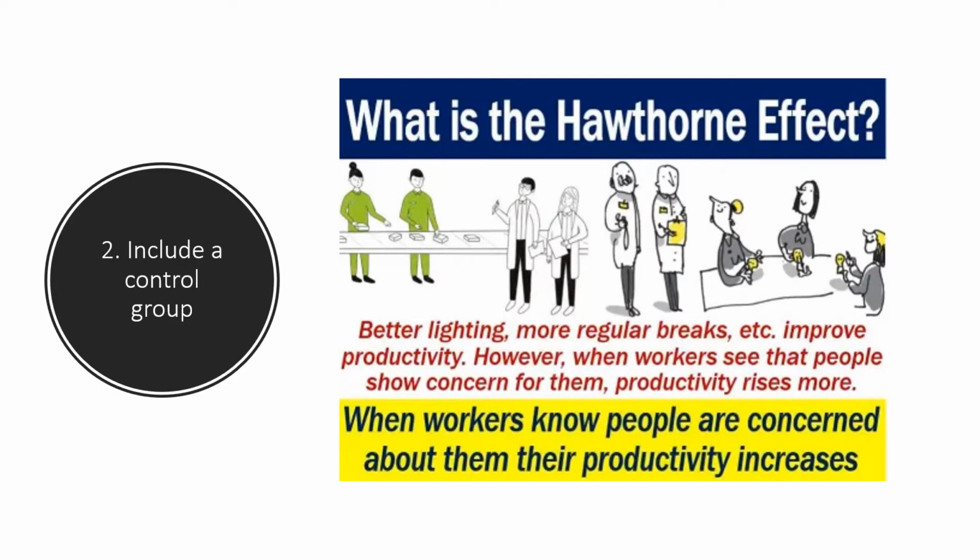To better control for such extraneous variables, researchers frequently include a control group, a group that receives either no intervention or a neutral intervention that could have little or no effect on the dependent variable. The researchers then compare the performance of this group to an experimental group, also known as a treatment group, that actually participates in an intervention.